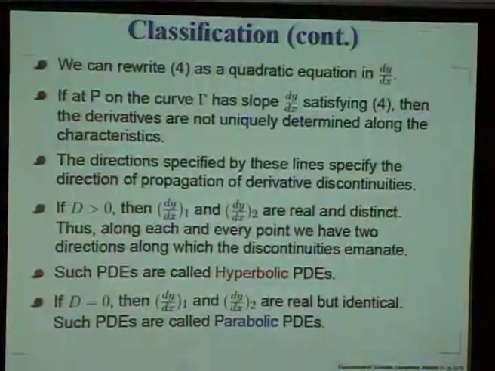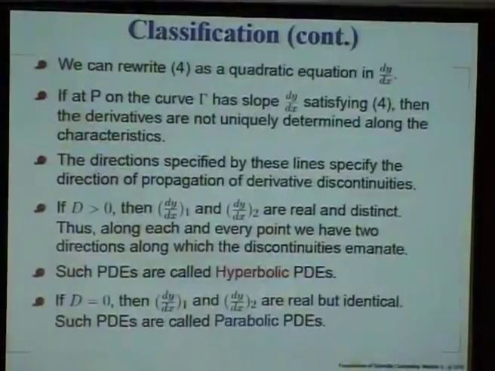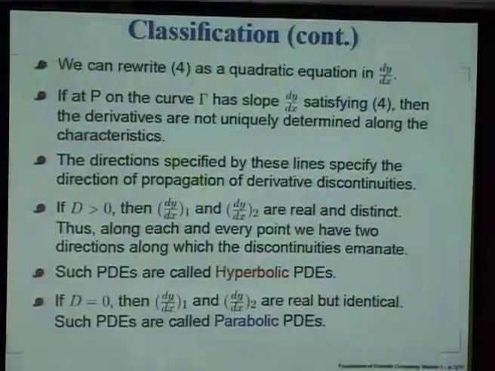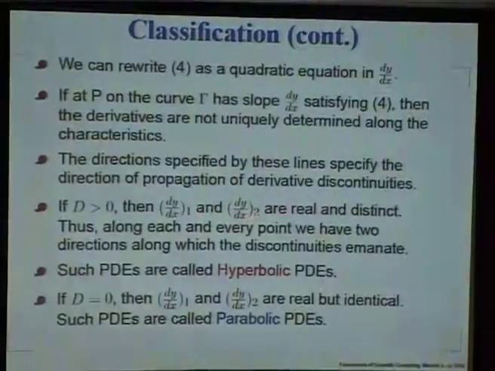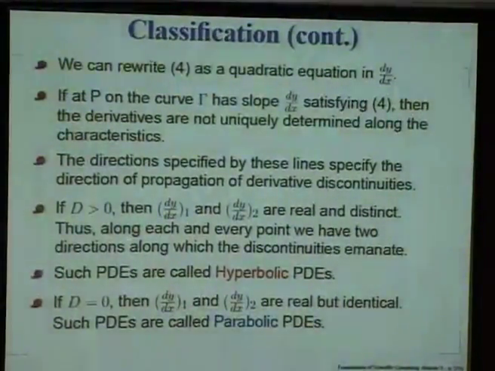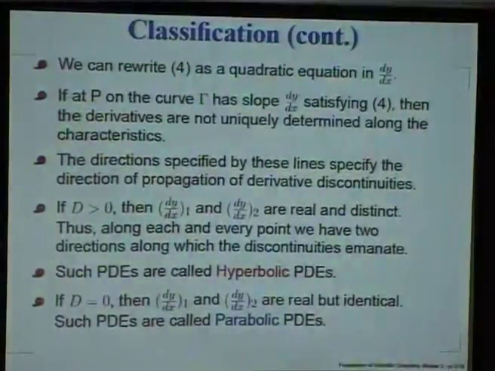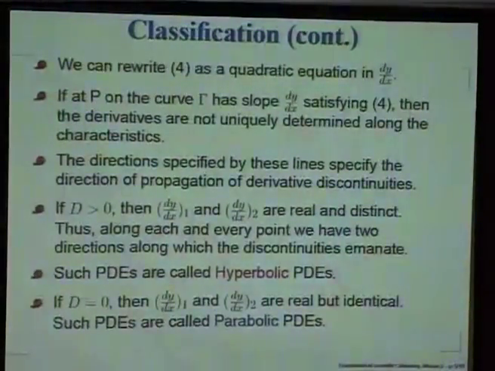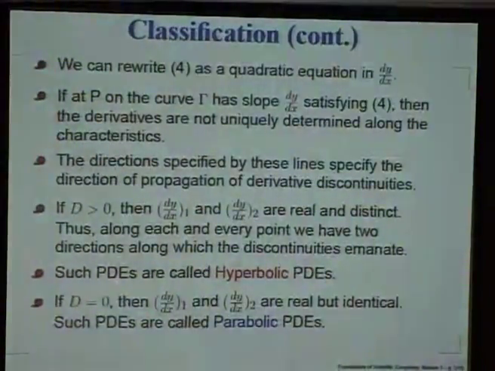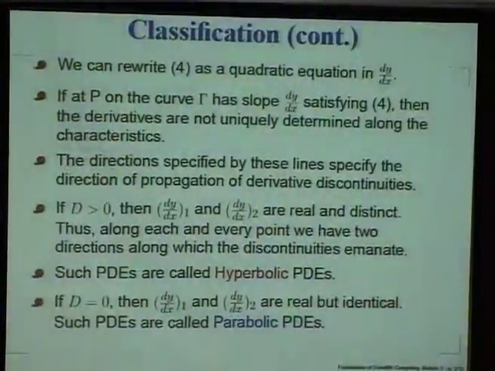Now, we can look at various sub cases. If this determinant is positive, then you have a couple of real and distinct slopes, and emanating from that point you have 2 directions along which these discontinuities propagate. When you have such a scenario, you call those PDEs hyperbolic partial differential equations.